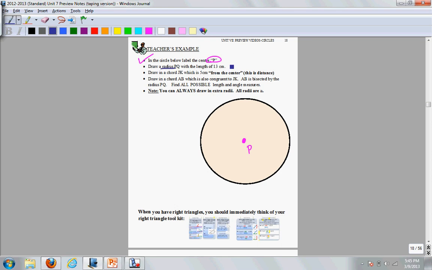We're going to draw a radius PQ, and we're going to make that radius 13 centimeters.